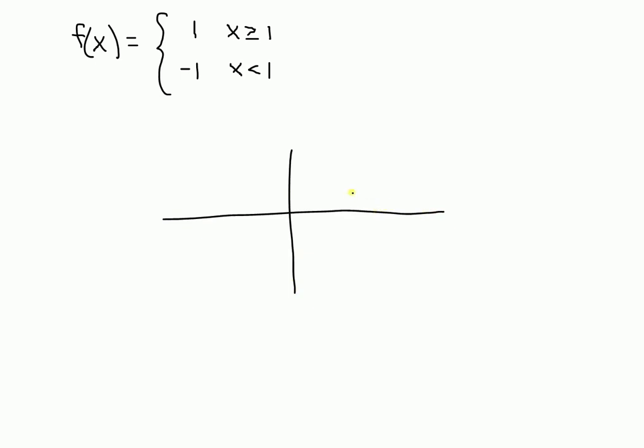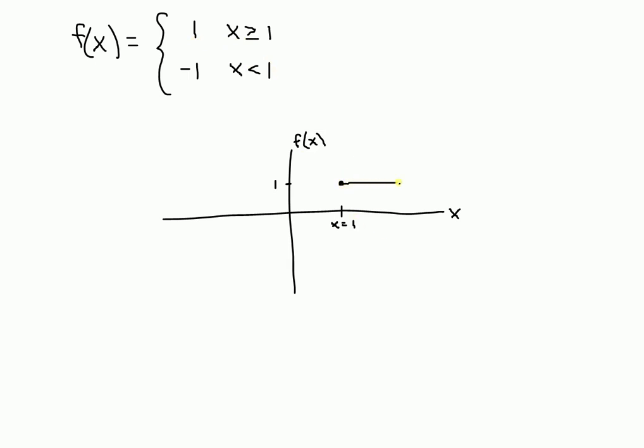Okay, so let's say this is x equals 1. This is the x-axis, and this is the f of x axis. So when x is larger than or equal to 1, we have f of x equals 1. So this is going to be 1. We have a filled in circle because at 1, f of x is equal to 1.